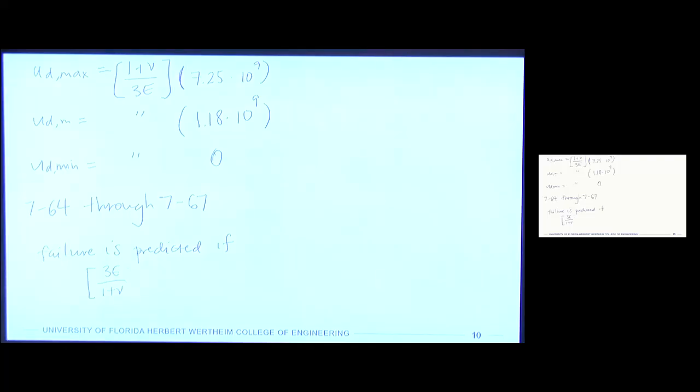That's why we kept it symbolic, to the 1/2 power. And then a bunch of stuff inside some brackets. So UD max to the 1/2 power minus 2 times UD mean to the 1/2 power minus the yield stress greater than or equal to 0.